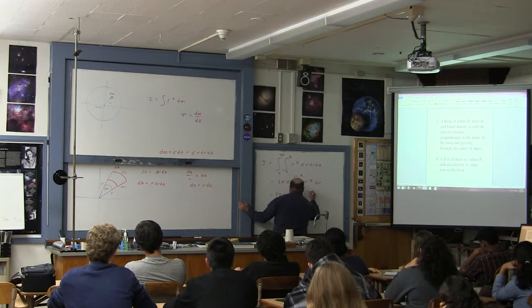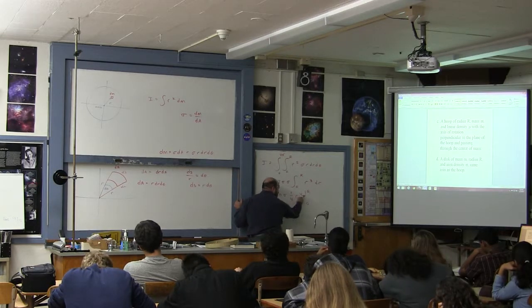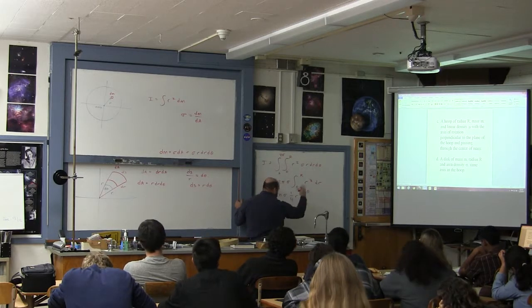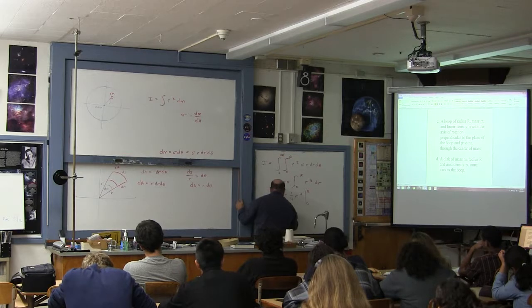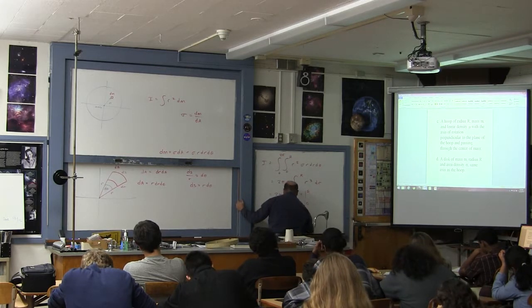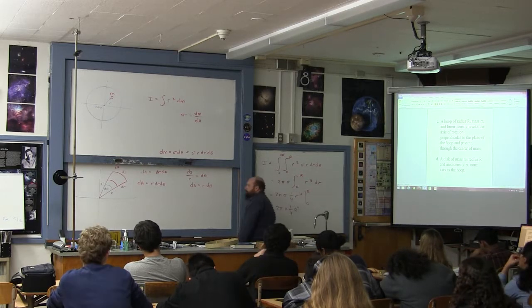Evaluated between 0 and capital R. Plug in the capital R, and it's just capital R to the 4th, and then minus the 0 plugged in is just minus 0. So before we simplify all the constants here and all the other junk, you basically end up with, after you complete the integration, the following. Clean up this sigma a little bit. Okay.